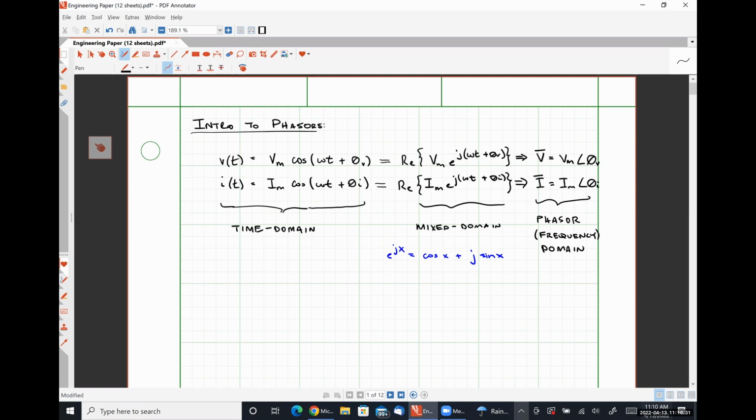So one thing that I want to point out here is that our phasor domain uses the cosine representation of our signals as its reference. So in order to go from the time domain to the phasor or frequency domain, we have to express all of our time domain signals as cosines before we can move into the frequency domain.